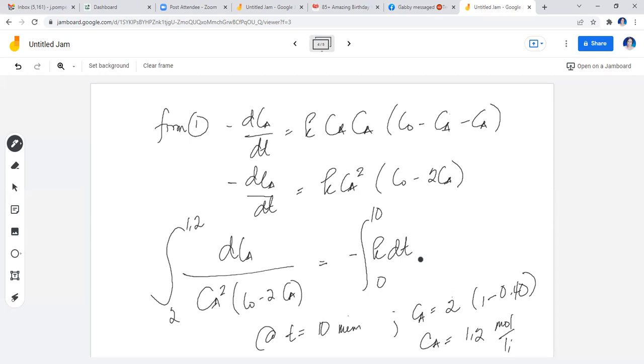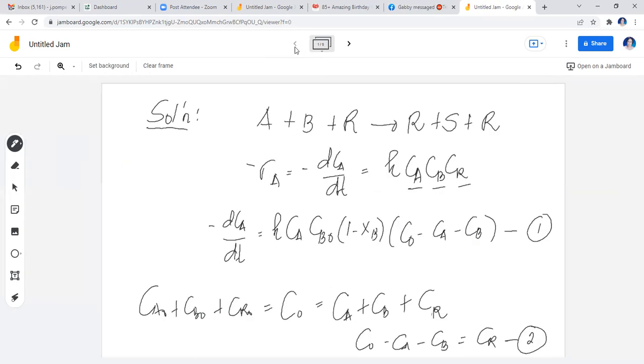What's the answer? Your CO will simply be the sum of the initial concentrations here.